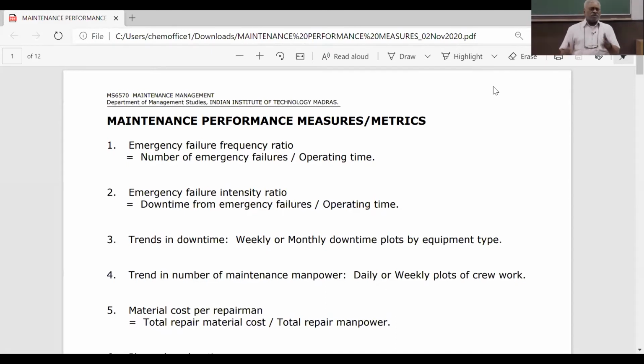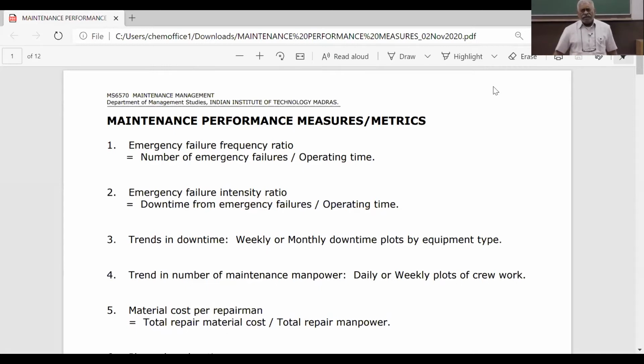Sometimes the machine is running when the shift changeover happens in the plant. Sometimes the machine is shut down and the next person comes and starts operating. That is very situation dependent. So the number one maintenance performance metric, a very simple but very useful one, is the number of emergency failures by total number of failures or by operating time.